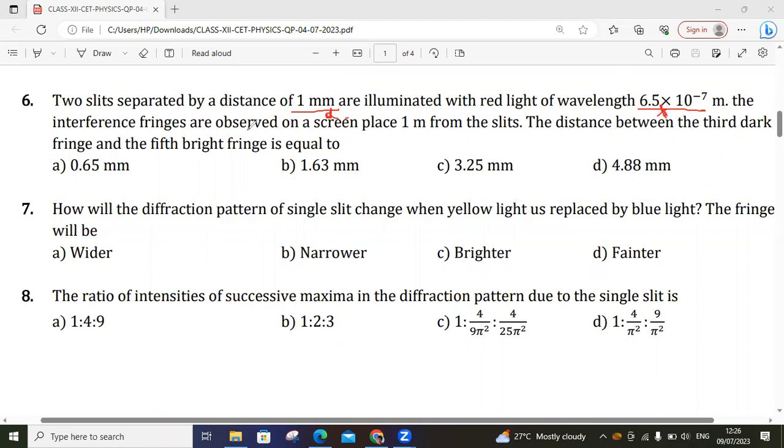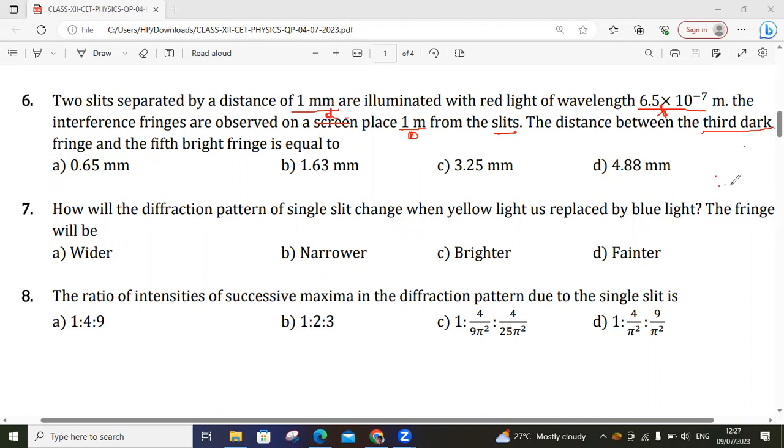The interference fringes are observed on a screen placed 1 meter from the slits. So this is capital D, the slits' distance from the screen. Then the distance between the third dark fringe and fifth bright fringe is equal to. Okay. So where will you get your third dark fringe?